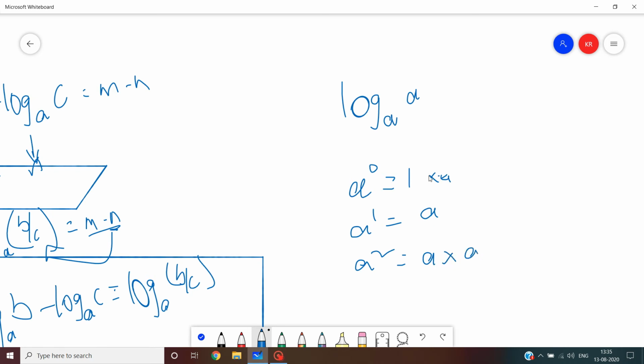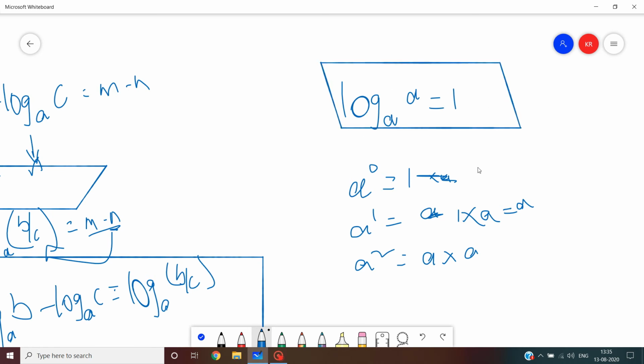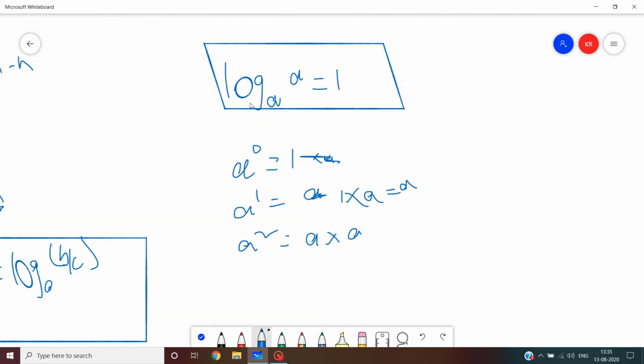So I am getting a as my final result with my growth rate of a for 1. In logarithm functions with the same base as the argument, the result will be 1.